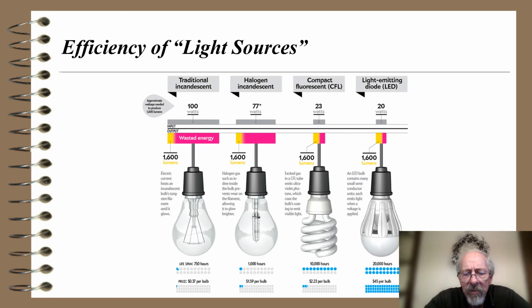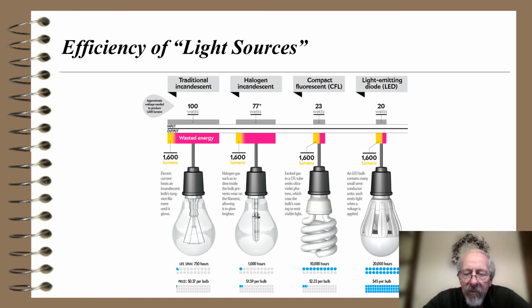The halogen, to produce the same amount of light, would be 77. Compact fluorescent is 23, and the light emitting diode is 20 watts. They all produce 1600 lumens.